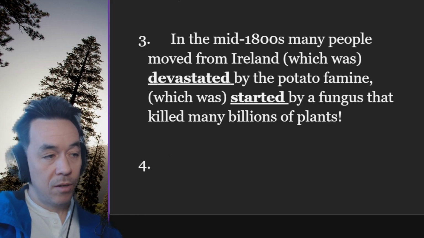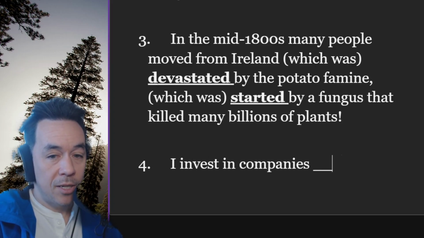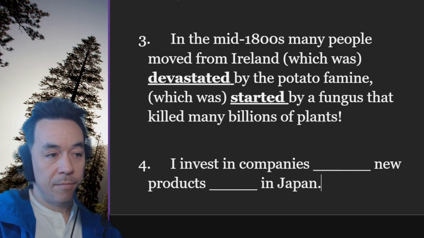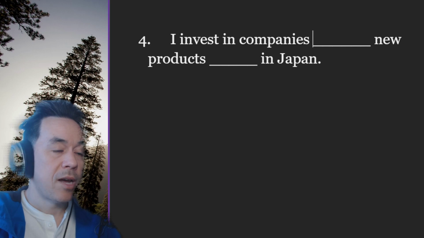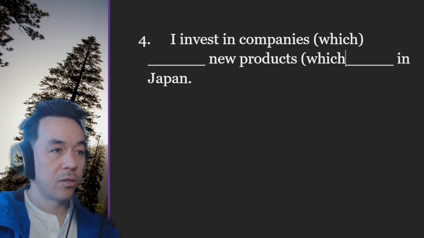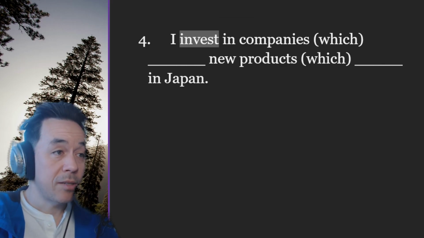Let's see. Number 4. I invest in companies, blah, blah, new products, blah, blah, in Japan. So companies, now we know that's going to be "which." And we know products, again, "which." So I invest, that's present tense.